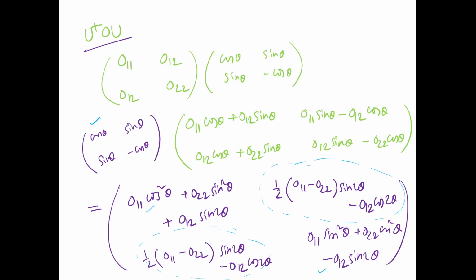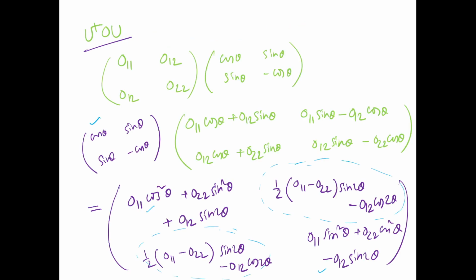So now let's take the off diagonal elements, that is half O11 minus O22 sin 2 theta minus O12 cos 2 theta is equal to 0.